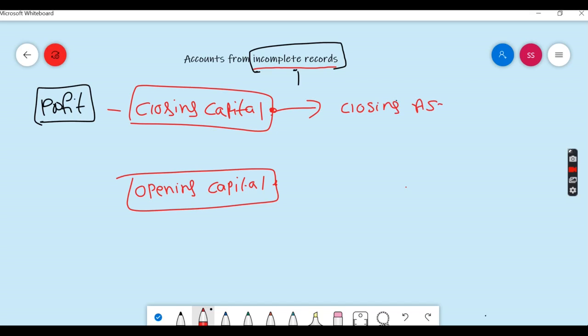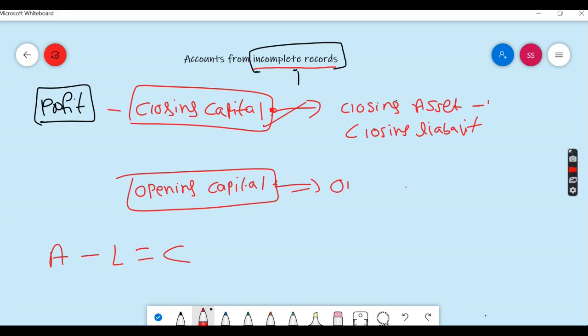Let's just say they gave the closing assets. We all know assets minus liabilities is equal to capital. So if they give the closing assets and closing liabilities, then you will get the closing capital. In the same way, opening assets minus opening liabilities gives you the opening capital.